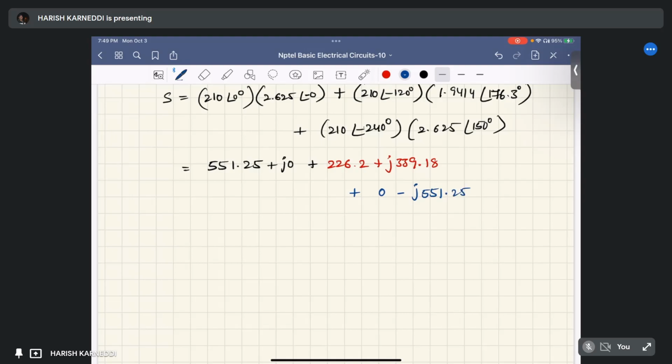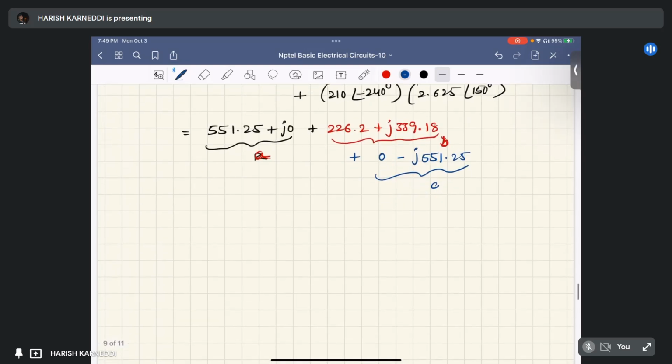It means the first one is the power due to the R phase, the second one is the power from the Y phase, like A phase, B phase, and the third one is the power in the C phase.